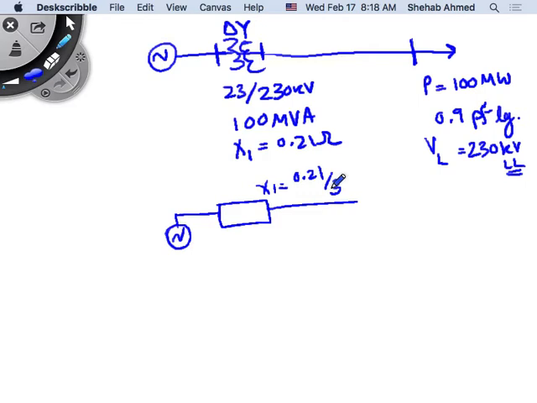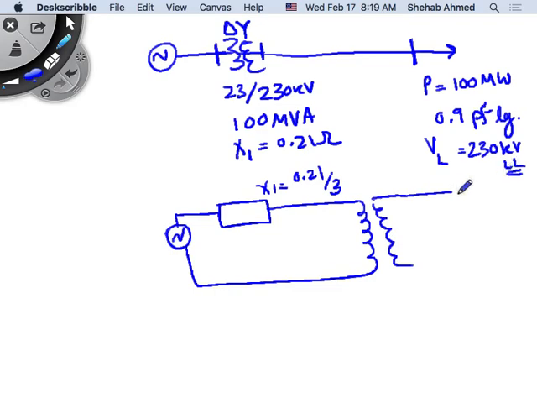Since this was the impedance of the transformer on the primary side, and it was a delta, I take that impedance divided by 3. And then it's a delta star transformer, so I have to account for phase shift. So I have to include a transformer in there, and then they give you the load specs.